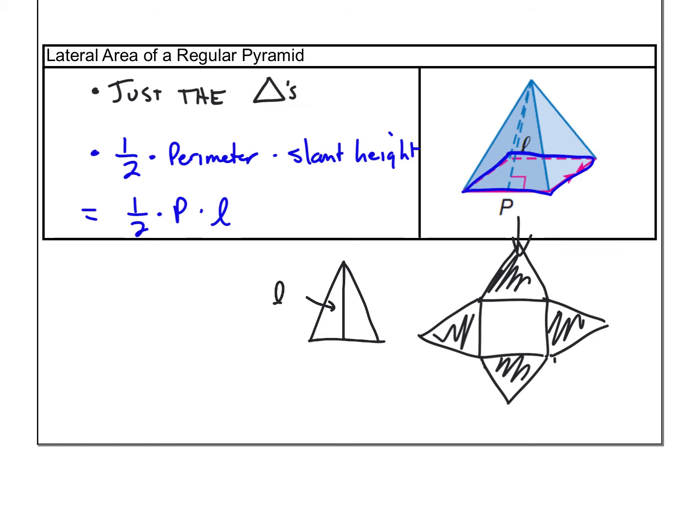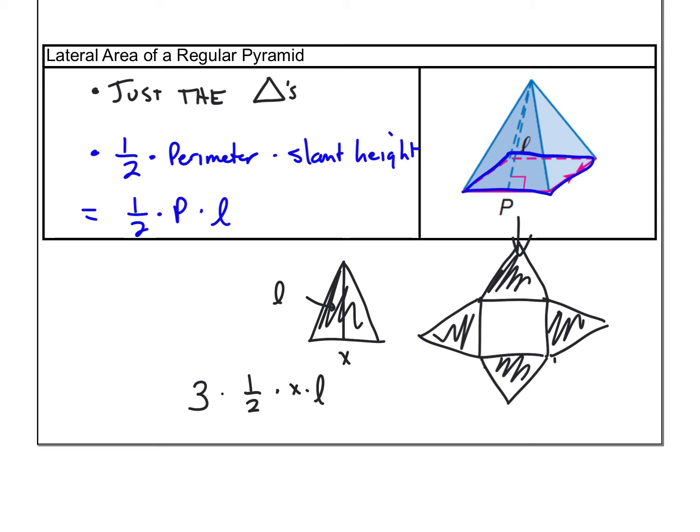If this is one side, we'll call it x, that would be 1/2 times x times L, which gives me the area of this triangle. Then I could multiply it by 4. But if it was a different shape, I would multiply it by 6, or if it was a triangular pyramid, by 3.